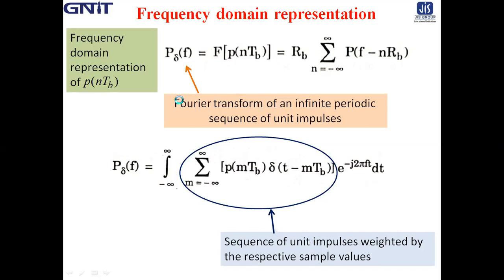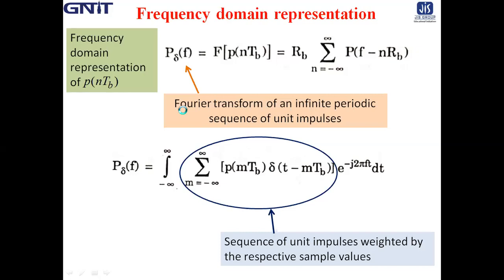Now, P_δ(f) also represents the Fourier transform of an infinite periodic sequence of unit impulses whose trains are weighted by the respective sample values of p(t).